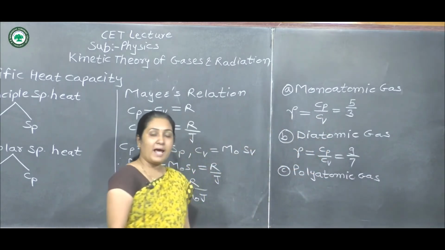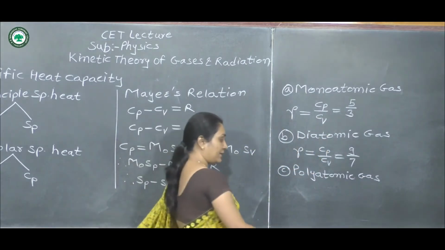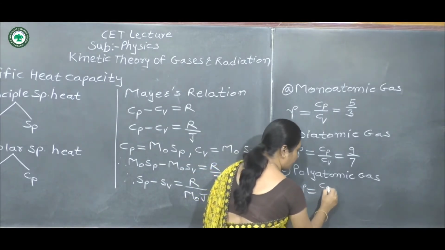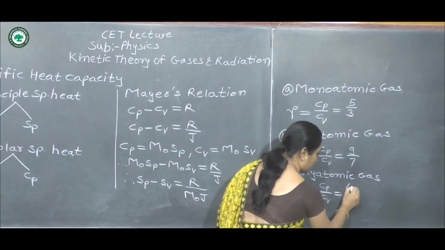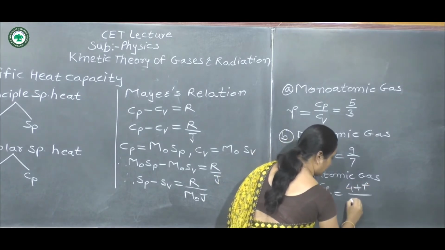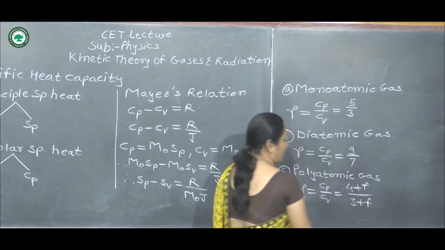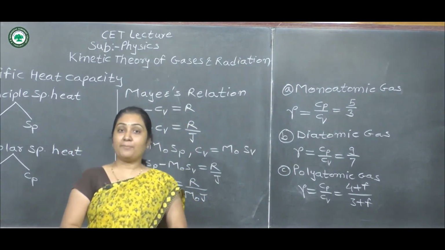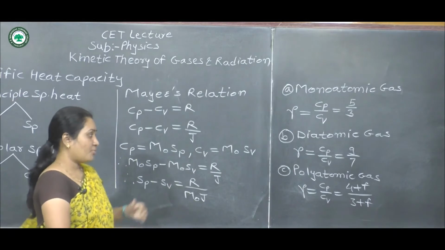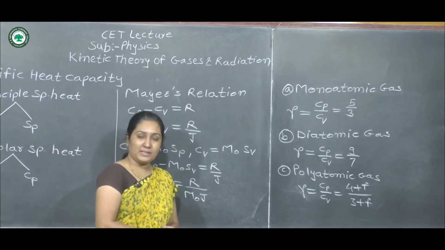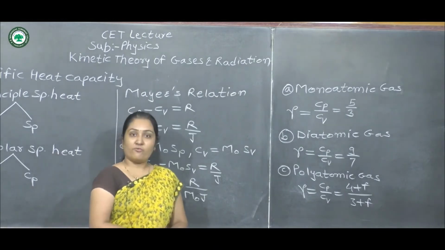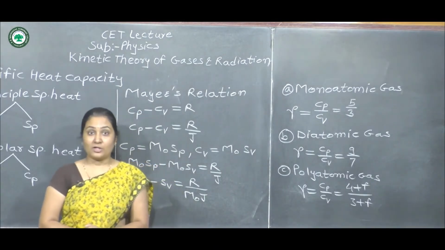So for polyatomic gas, the adiabatic ratio gamma is given by (4 + F) upon (3 + F). A polyatomic gas example is ammonia gas, which consists of 1 nitrogen and 3 hydrogen.